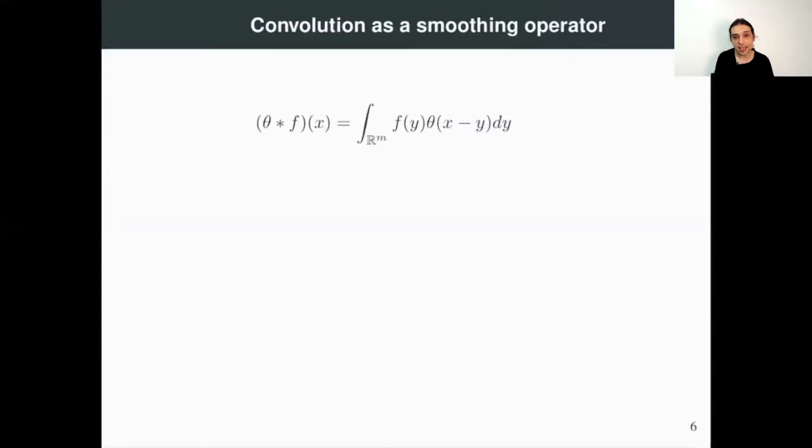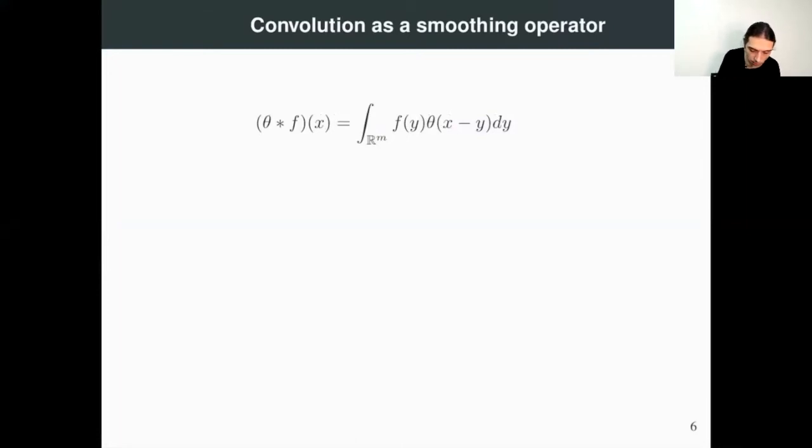So this is actually the second formula, and we want to see that the convolution is a smoothing operator, so that you consider a continuous map as an input, and this operator, the convolution, gives you a C infinity map as an output.